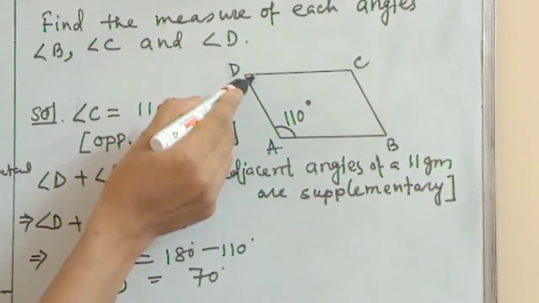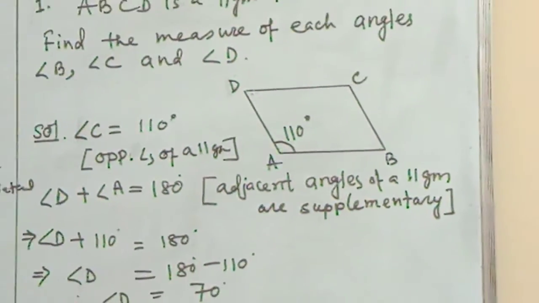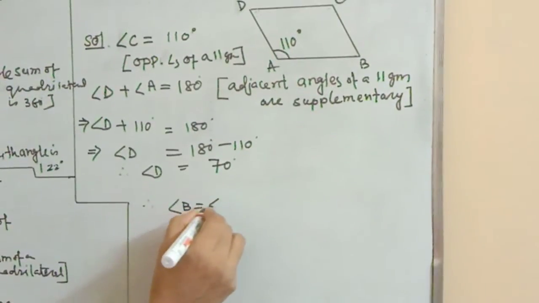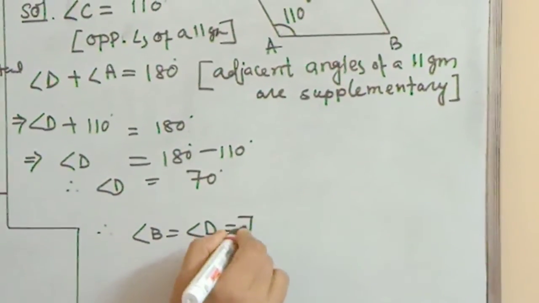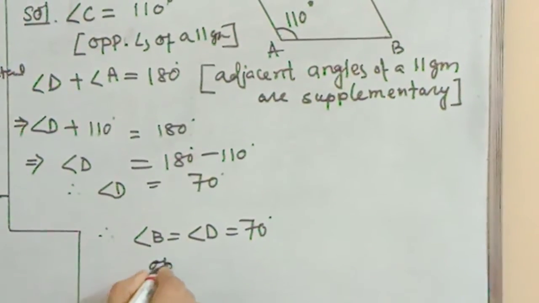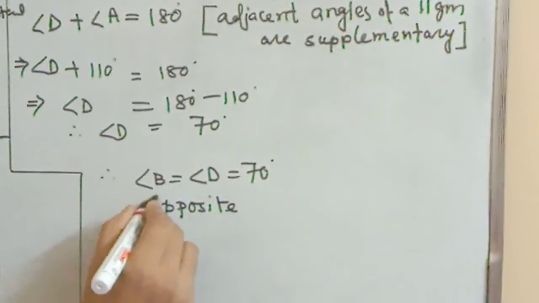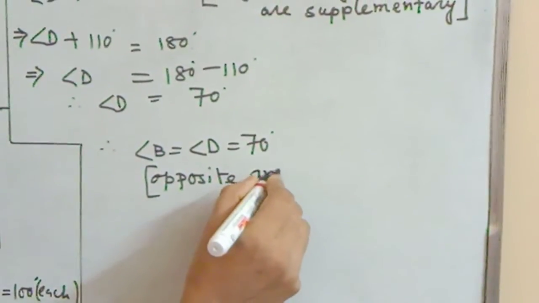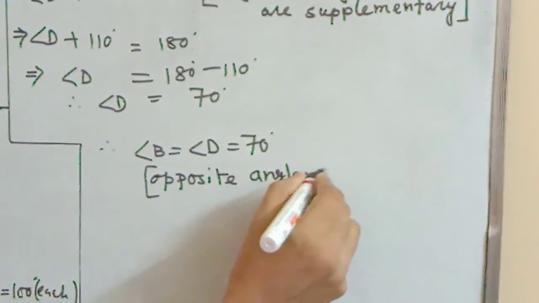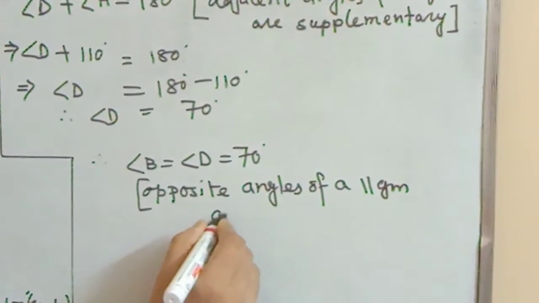As you know the value of angle D, therefore you can find the value of angle B. Therefore angle B is equal to angle D is equal to 70 degree. Why? Because opposite angles of a parallelogram are equal.